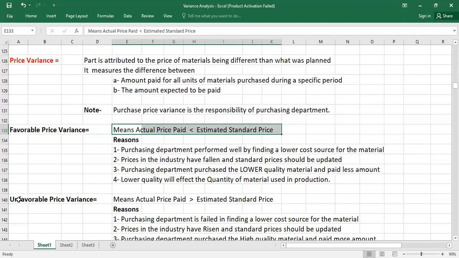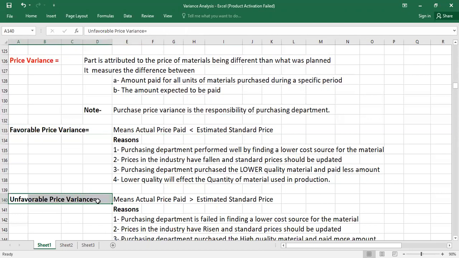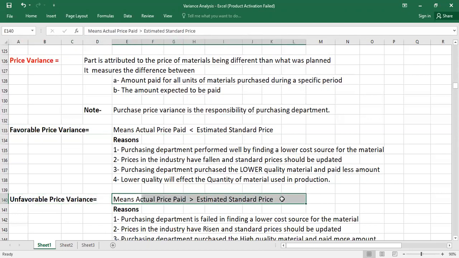On the other hand, an unfavorable price variance occurs when the actual price paid is greater than the estimated standard price.